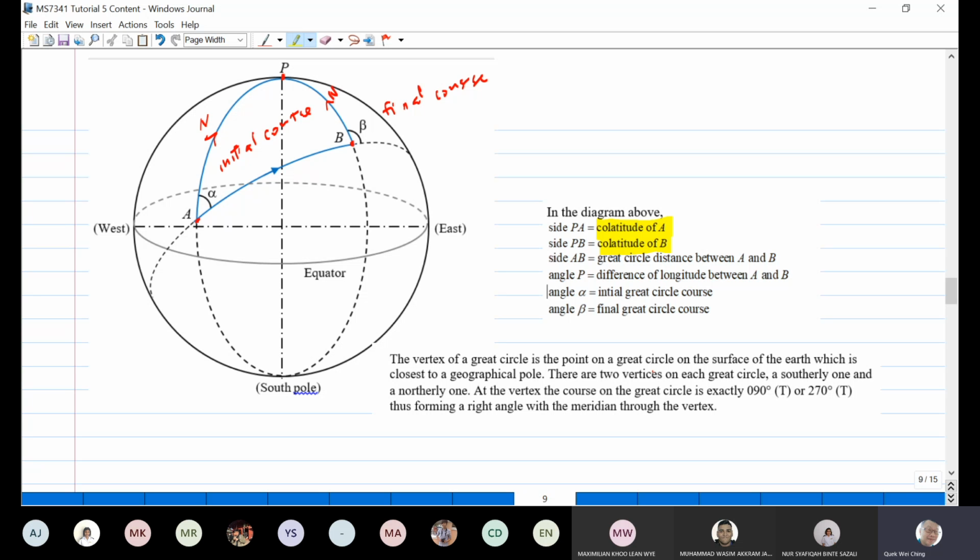Then AB is the great circle distance between A and B. So then you can form a triangle. From here you can form a triangle already, this bigger triangle.